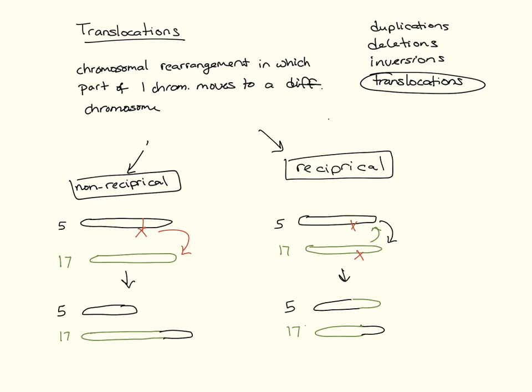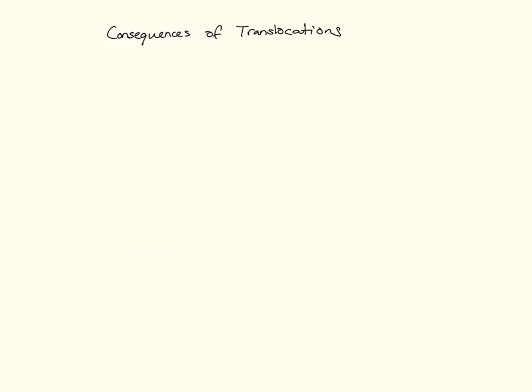And you can call these, I like to call it 17 prime or 5 prime, and that's to show that it's the mutant chromosome, one that has undergone a translocation. So you can see here in a reciprocal translocation, the two fragments where there were DNA breaks have now swapped locations.